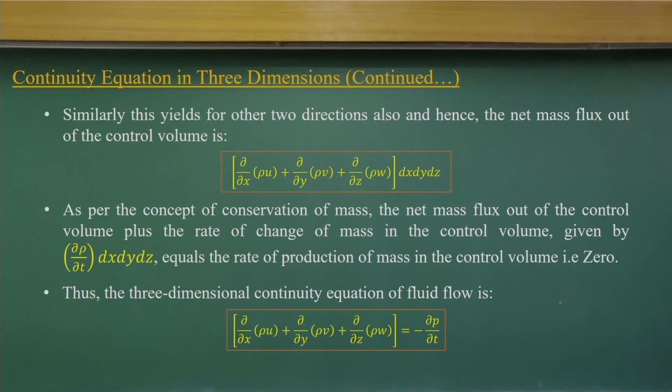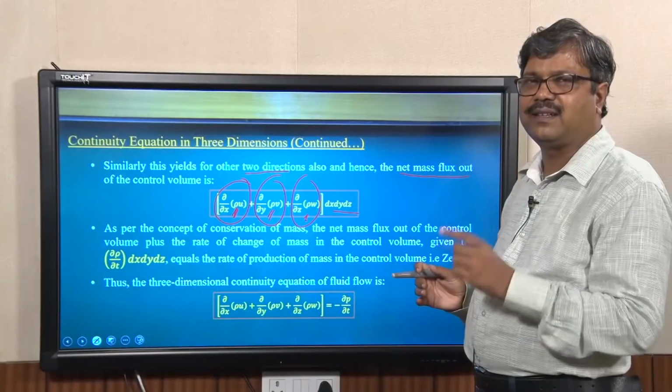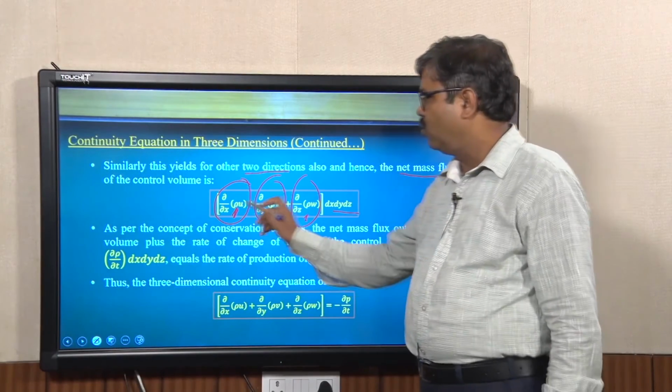In the same way you can do it for the y direction, and also for the z direction. Combining all three, the net mass outflux will be this: the x direction term, the y direction term, and the z direction term, multiplied by dx dy dz. This indicates the net mass flux in the x, y, and z directions as a function of rho and the velocity components.